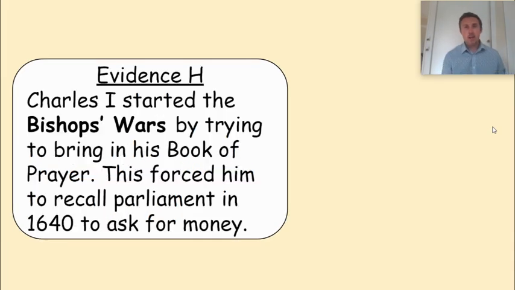Okay, and I think this is the last one. Evidence H. Charles I started the Bishops' Wars by trying to bring in his Book of Prayer. This forced him to recall Parliament in 1640 to ask for money. Is this Charles I's fault, or is he unlucky? Put that on your scale now.